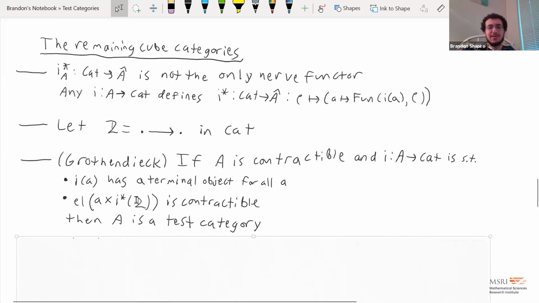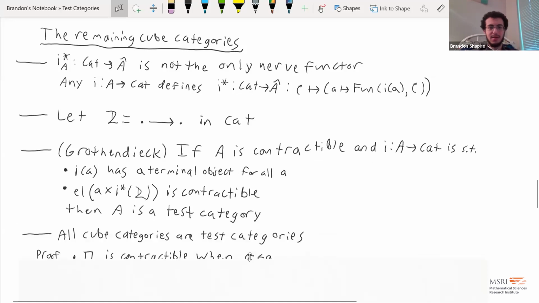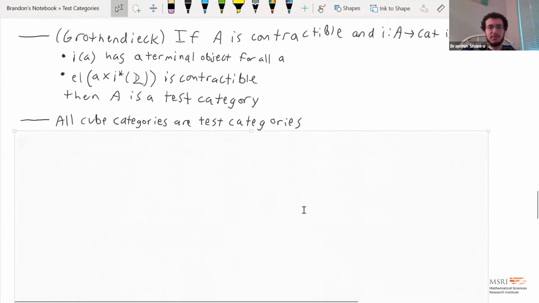And what we're showing is that this interval isn't just contractible, but has the extra property that it's contractible when you take its product with representables. So hopefully it will be easy to see parallels between this proof and the previous one.